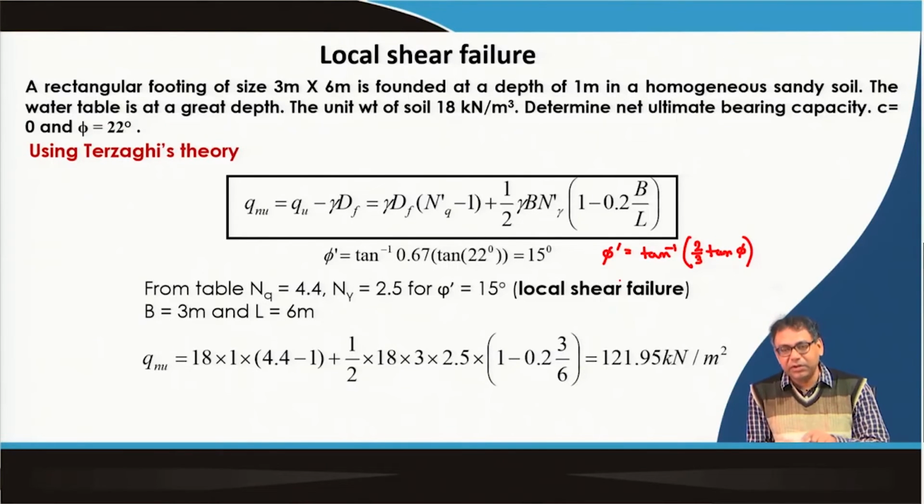We will use the 15 degree phi dash to determine the bearing capacity factors. From Terzaghi's table, we get Nq and N gamma corresponding to phi dash, and then we get the value 121.59 kilonewton per meter square.